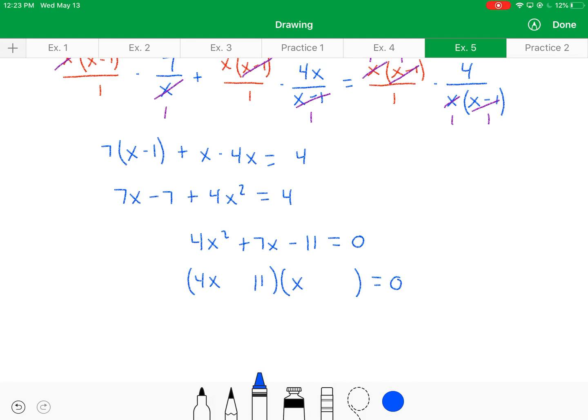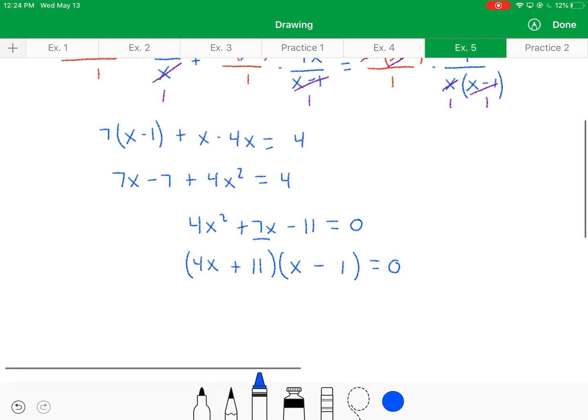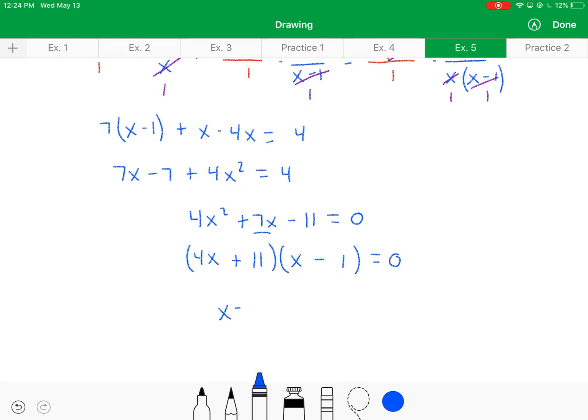Yeah, so I think I need an 11 here. I need a 1 here. Let's see, this is going to have to be a positive 11. This is going to have to be a negative 1 in order to create the 7x middle term of the trinomial, right? So in the end, x is going to equal negative 11 fourths, or positive 1.